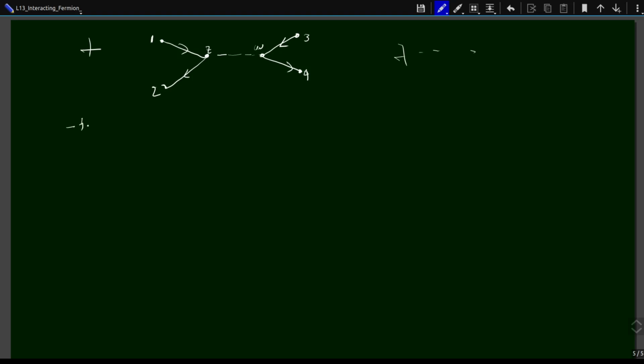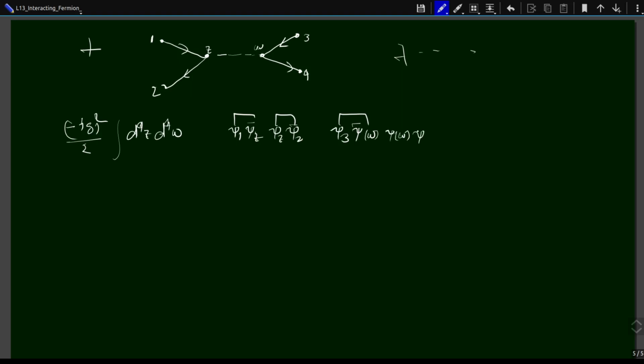So what is this? Minus iG squared by 2, integral d4z d4w, and what I have here is psi 1 psi bar z contracted, psi z psi 2 bar contracted, then I have psi 3 psi bar w contracted, and psi w psi bar 4 contracted, phi w and phi z contracted.